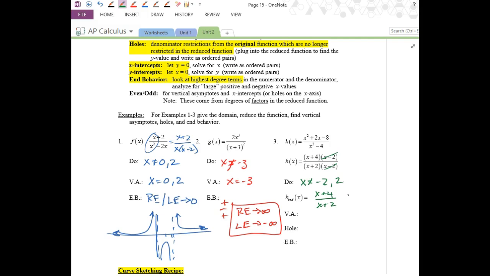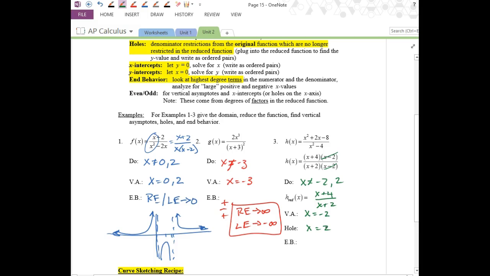What discontinuity do I still have? -2. So that means I have a vertical asymptote at x equals -2. The hole comes from the quantity that I canceled out and simplified. What value would make x minus 2 zero? 2. So there was a hole at x equals 2.